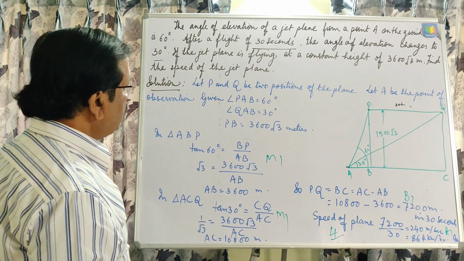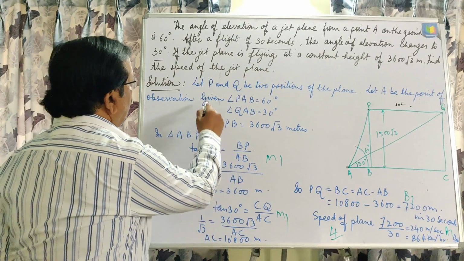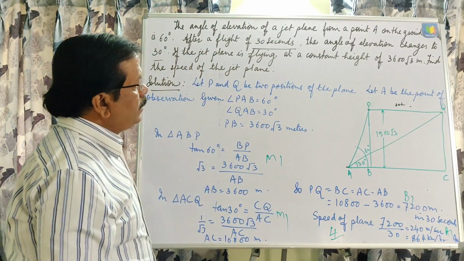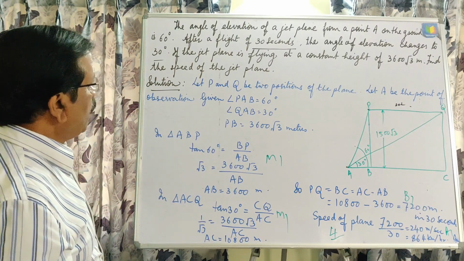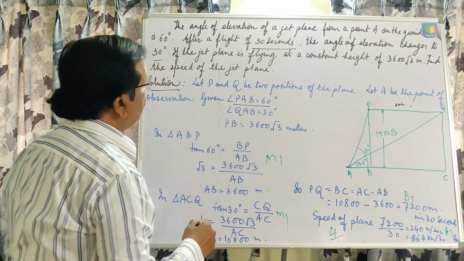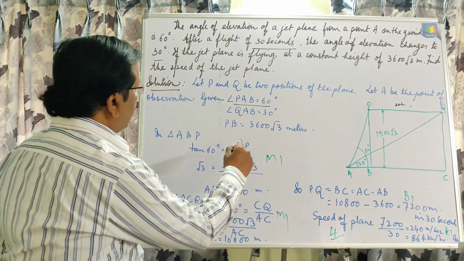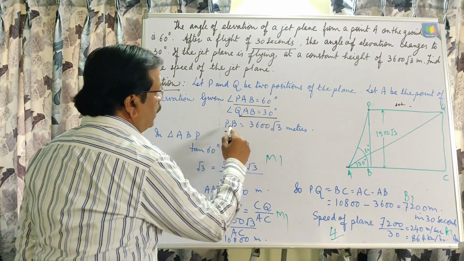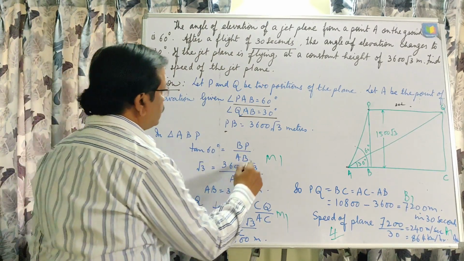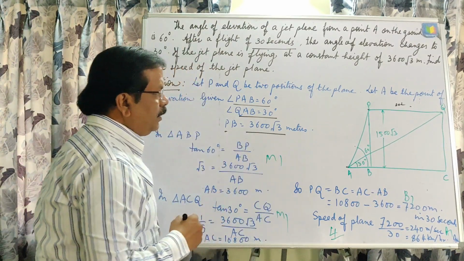Now in this question you can see here that P and Q are the position of the plane and A be the point of observation. This angle is given, PAB is 60 degree, and this angle is given 30 degree, and this height PB is equal to 3600 root 3 meter.